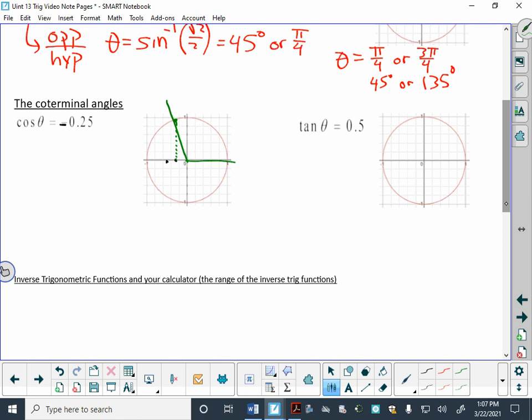And I will use my calculator. I'll do theta equals inverse cosine, or the arc cosine, of negative 0.25. And the calculator in radian mode here tells me that that is 1.8235 approximately.